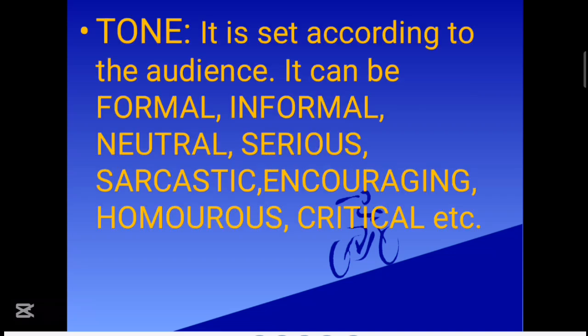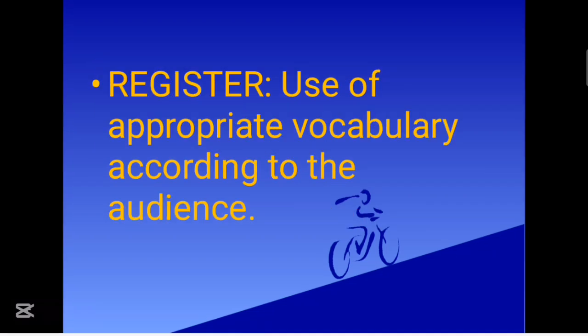When your audience is clear, you know that you are writing for young people, you are going to set your tone according to that. Your tone can be formal, informal, neutral, serious, sarcastic, encouraging, humorous, and critical, and many others as well. So if they are young people, the tone of the article can be from semi-formal to formal register.